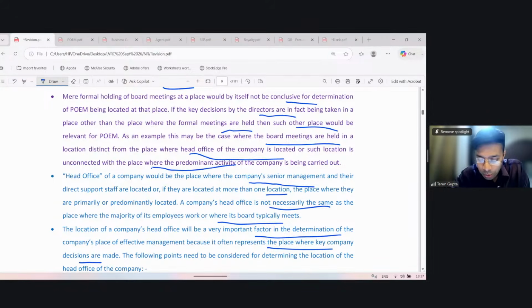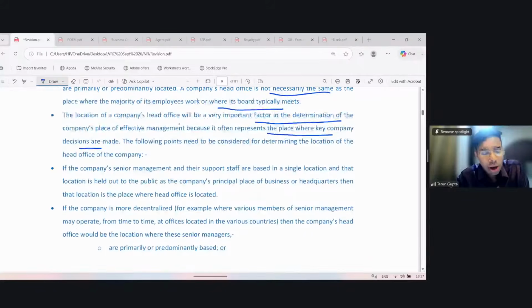The following points need to be considered for determining the location of the head office of the company. If the company's senior management and their support staff are based in a single location, and that location is held out to the public as the company's principal place of business or headquarters, then that location is the place where the head office of the company is situated.